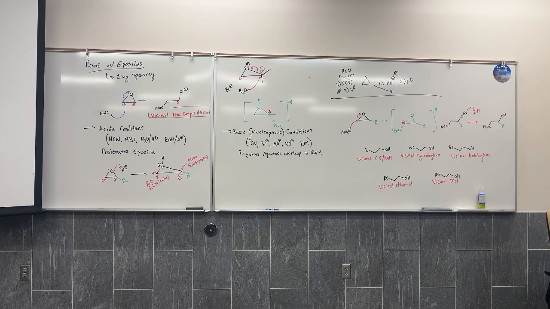I feel like we couldn't have that at that part. What if we added a phenyl halide? Or we could make it into a methyl epoxide. How do we get from this?